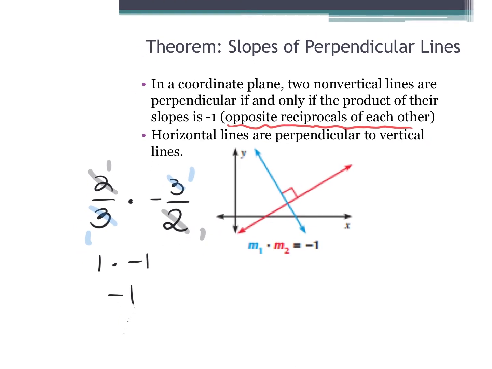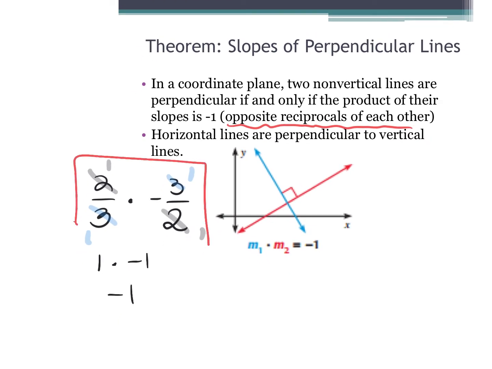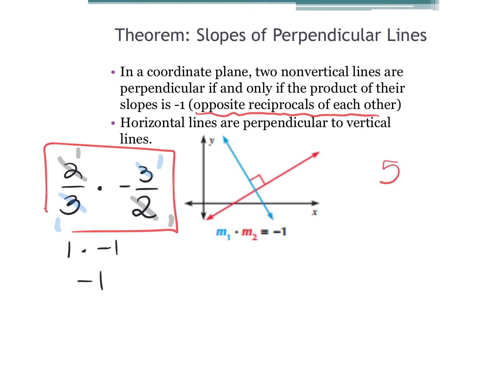So again, this would be an example of opposite reciprocals. If I gave you a slope of +5, remember you can turn a whole number into a fraction by putting a 1 under it, and then the opposite sign and reciprocal to that would be -1/5.